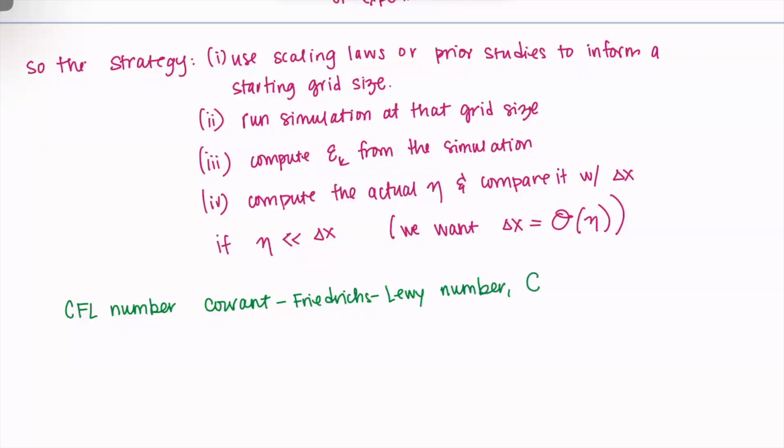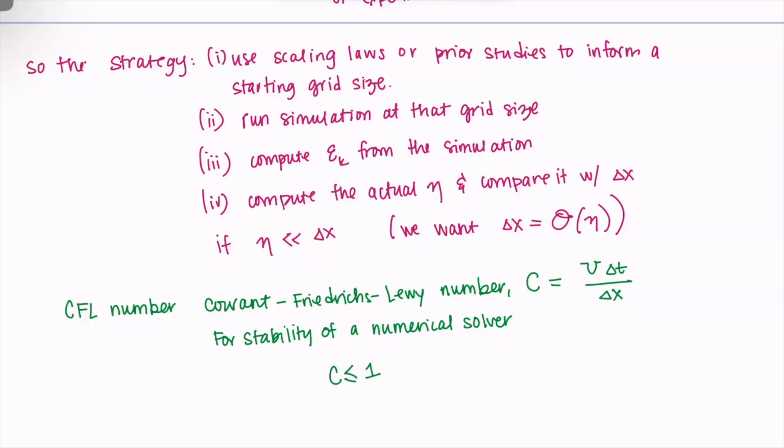So it's usually called C or CFL. And it is defined as the bulk velocity times the time step divided by the grid spacing. So for stability of a numerical solver, C should be less than or equal to 1.